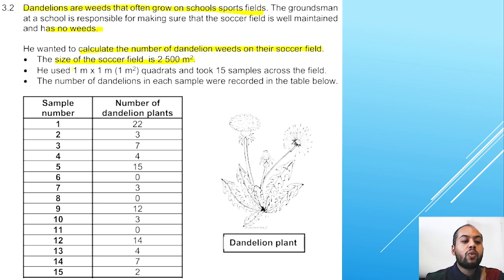He used 1 meter by 1 meter, which comes to 1 meter squared quadrats, and took 15 samples across the field. The number of dandelions in each sample were recorded in the table below. So you have the sample numbers 1 to 15 and the number of dandelion plants recorded in the table. This is what the dandelion plant looked like.